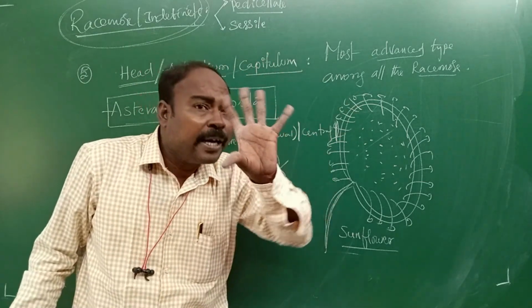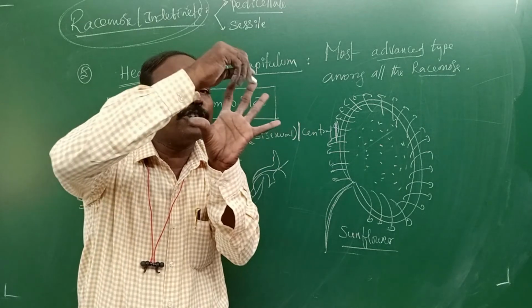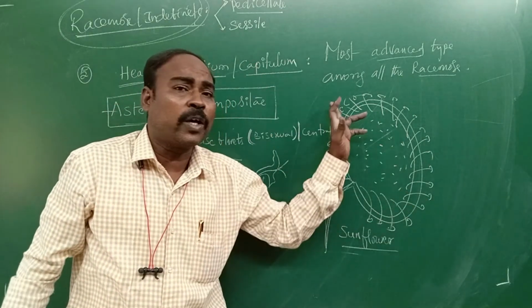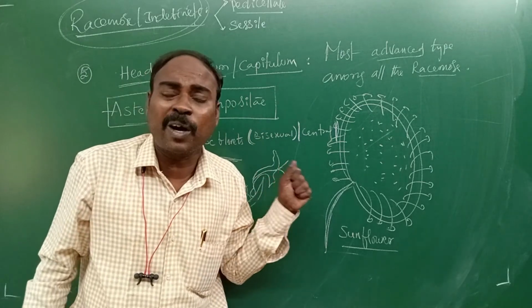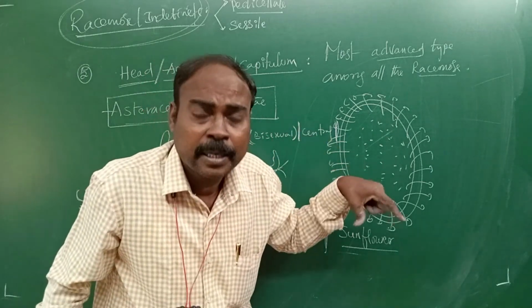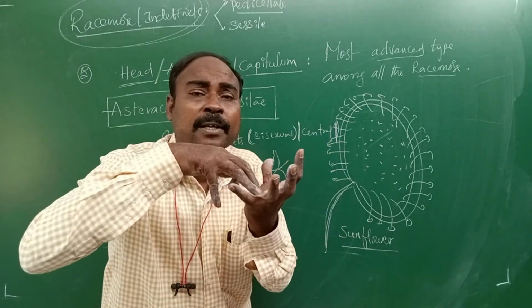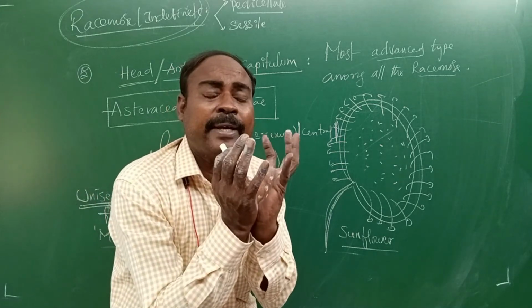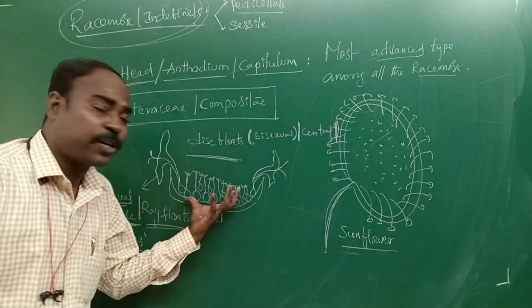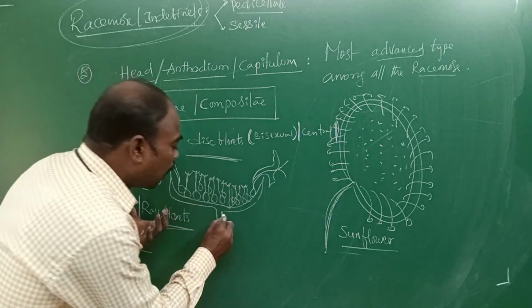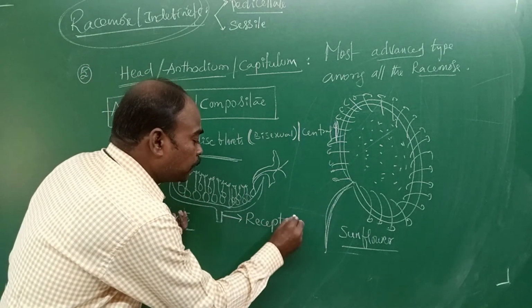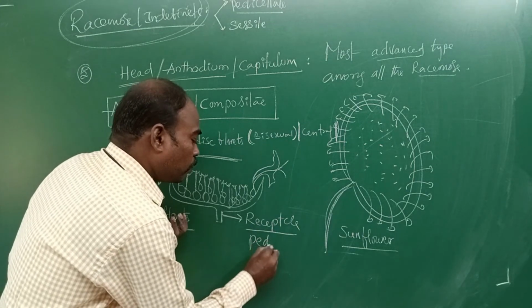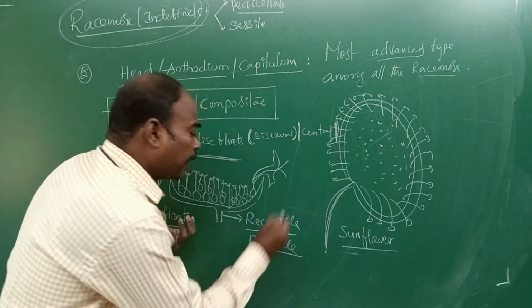It has ray florets on the margins and disc florets at the center. Why are they called florets? A large number of flowers are present in an involucre, a cup-shaped receptacle or condensed peduncle.